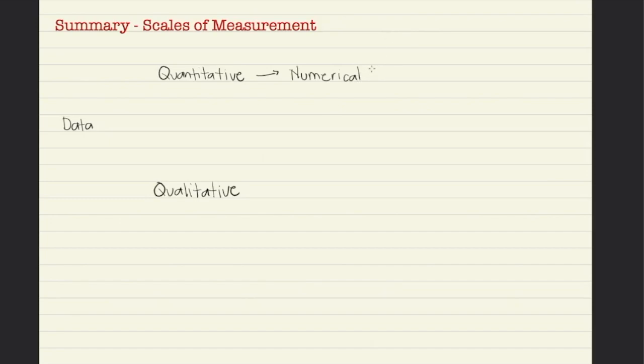When we are talking about numerical data, it can be interval or it can be a ratio. A qualitative data can be numerical and it can be non-numerical.